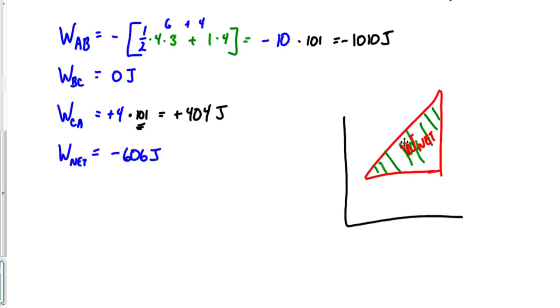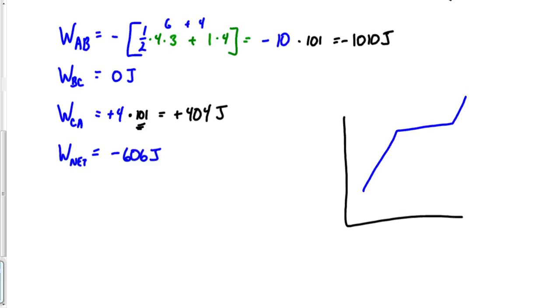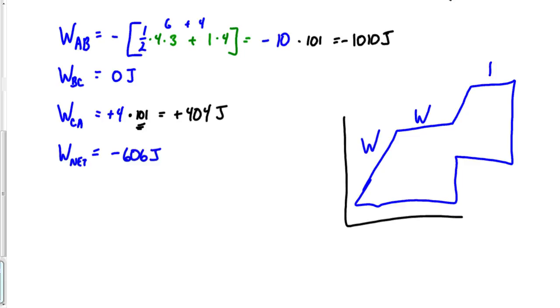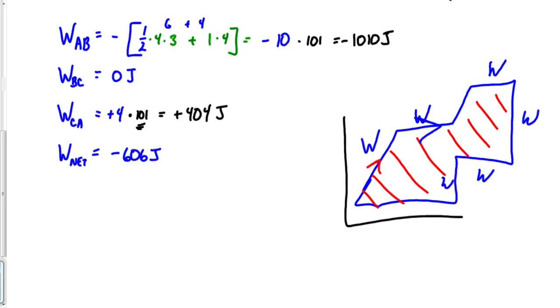If you were given some kind of a big, ugly looking question, and it said find work net, you really wouldn't have to go and find every single work in the problem. You could literally just find for work net the area of the enclosed space, and as long as it's going this way, in other words, it's moving left to right across the top like this, then it's still going to be equal to a negative answer. So that's a nice little shortcut, but that's only going to help you find work net.